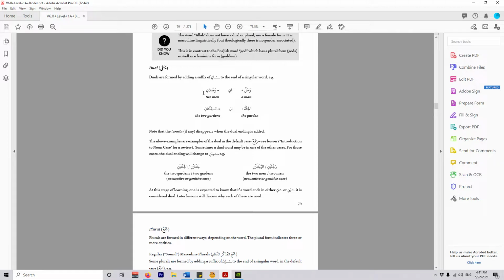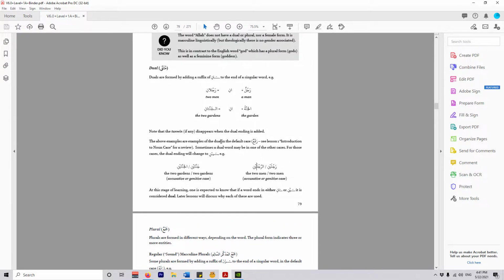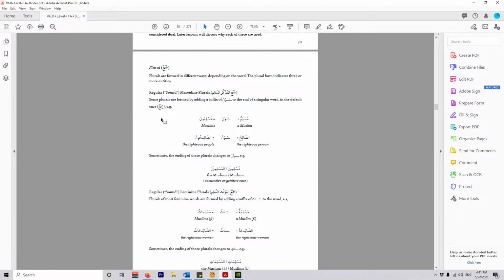So basically the standard is ani, rajulani, but it can also come up as rajulaini. So the an and ain are something you're going to look for at the end of the word that may indicate that this is a dual noun. So you want to keep that in mind when you're looking at words, when you're trying to read or decipher a page in Arabic.